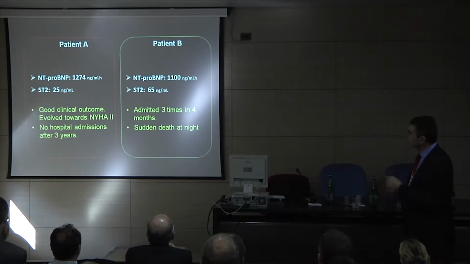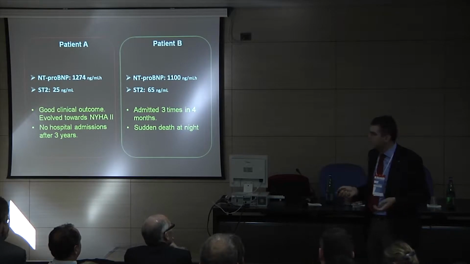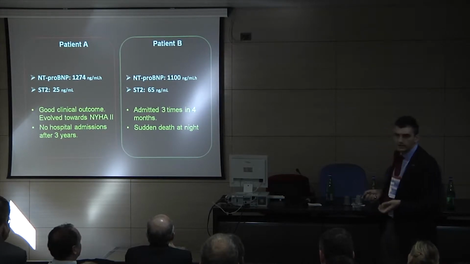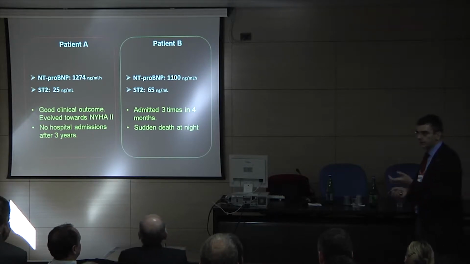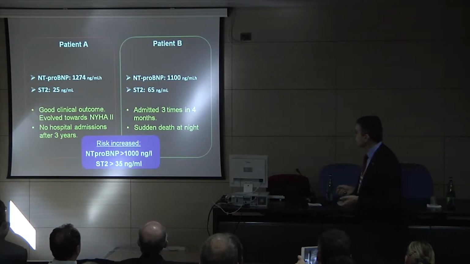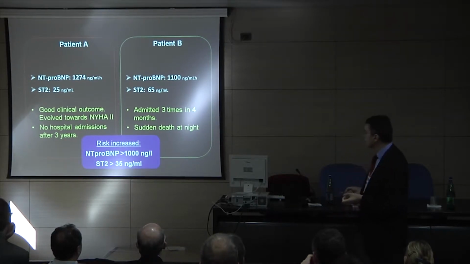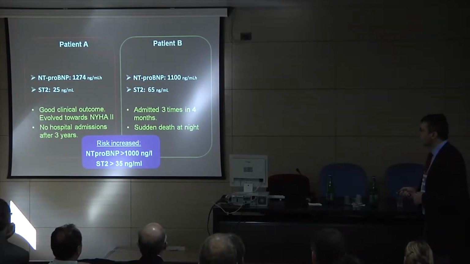And in order to achieve this, we needed something else than our routine assessment, and these were biomarkers. In this case, NT-proBNP was not enough, and the biomarker that actually provided us the information to identify whether a patient was a high risk or a low risk patient was ST2. So I would say we have 2 biomarkers here, NT-proBNP above 1000 and ST2 above 35. That would be the cut points for these patients to consider.